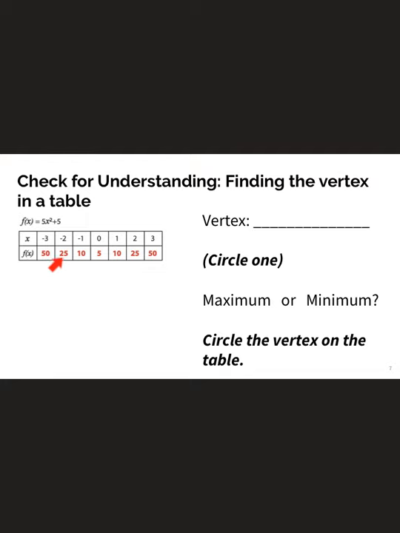I go from 50, 25, 10 to 10, 25, 50, and I'm bouncing back at this 5. And 5 is lower than all these other f of x values. So because it's the lowest value, I know that this is going to be my minimum. That's going to be my vertex. And so I look at this column, (0, 5), and write that as a coordinate to represent my vertex.